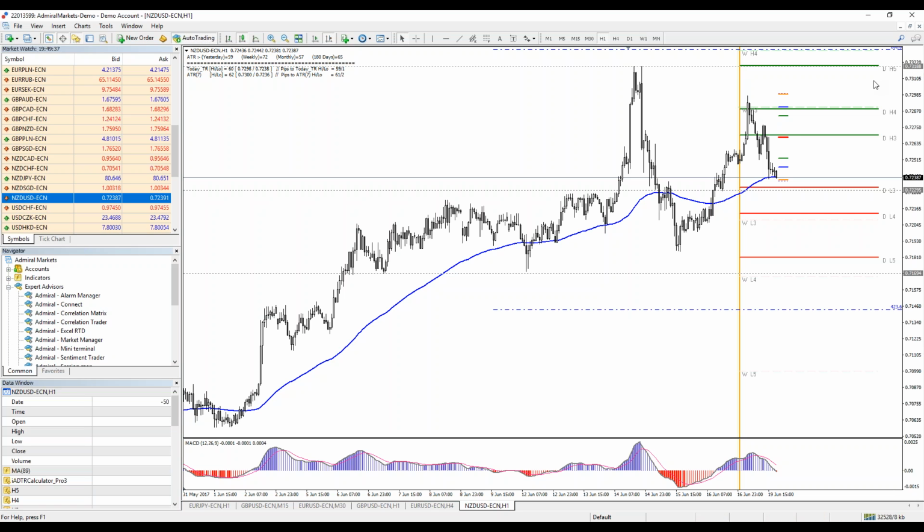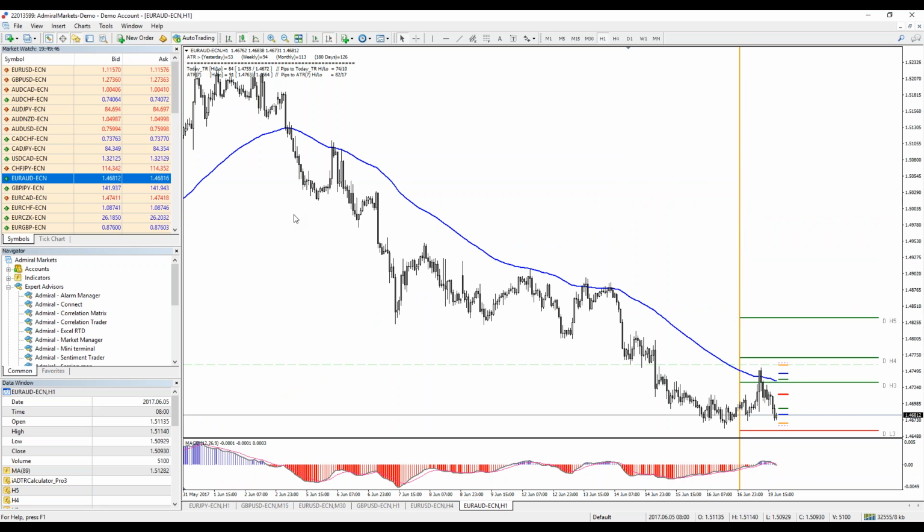So nothing much to say about New Zealand dollar, really. I don't trade it really. Now it's slow, it's boring. There are much better pairs to trade at this point. I'm not a big fan of New Zealand trading at this point, really.